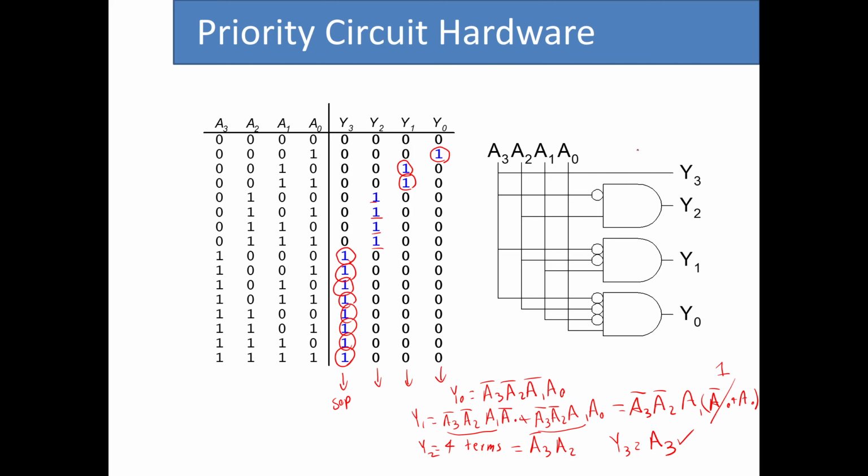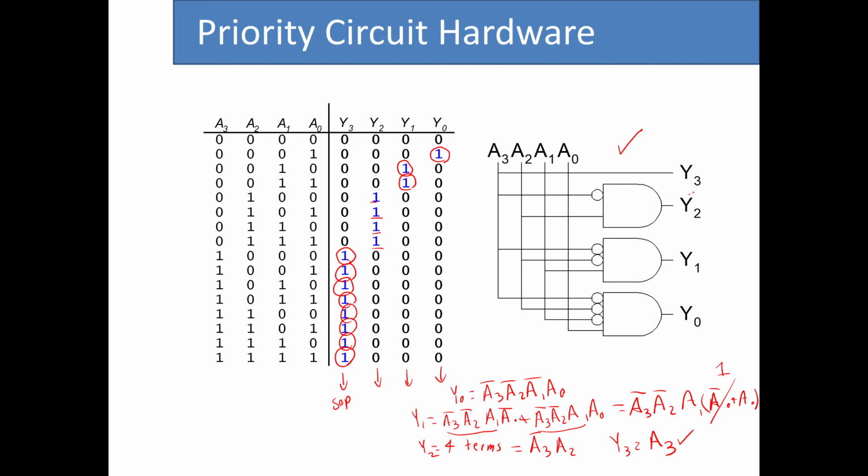And that is how we did the implementation here. We came up with the Boolean equation that represents the relationship between outputs and inputs. And then we use those Boolean equations to do the implementation. Another way was to use the definition of the priority circuit, which basically stated that we want to assert the corresponding output to 1 only for the bit with highest priority.